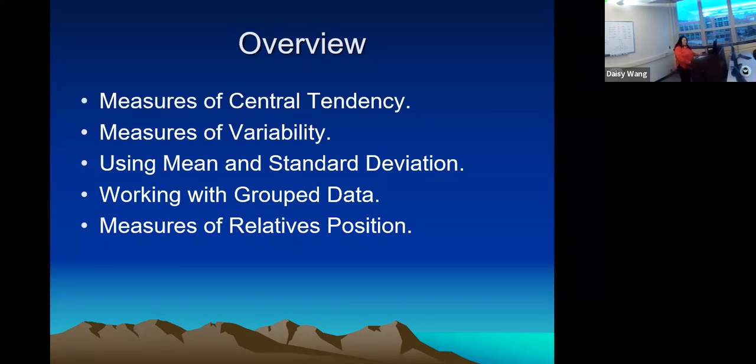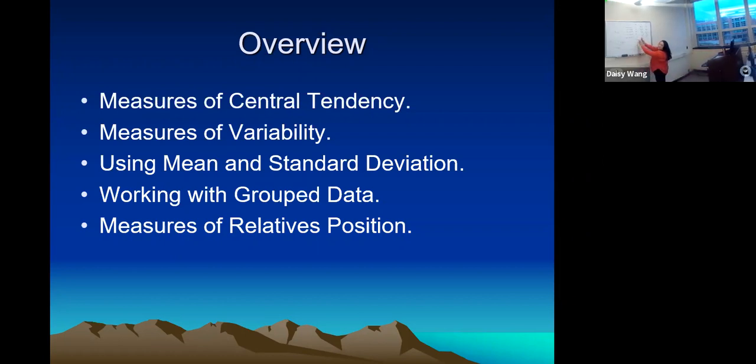Several things: we want to measure the central tendency, how close the data is going to the center, and then the variability, how much it ranges. We will use the mean, the average, and standard deviation. I'll tell you what it is.